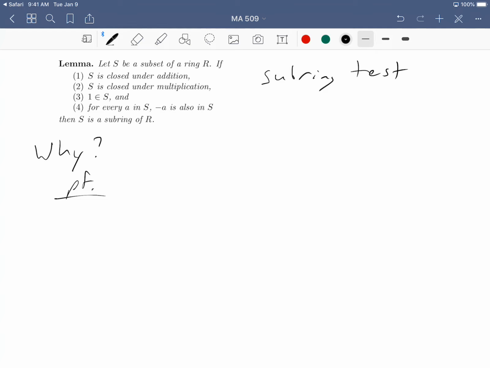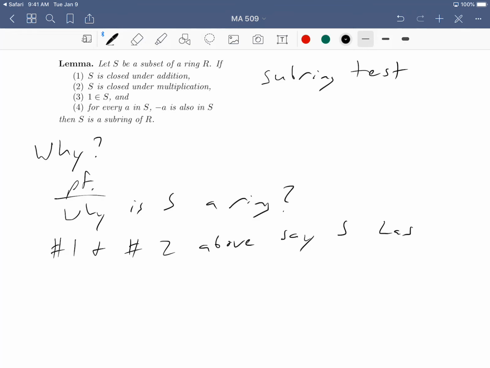All right, so let's talk about why S is a ring. So that's our question. Why is S a ring? Okay, so parts 1 and 2 up there, number 1 and number 2, say S has two binary operations.